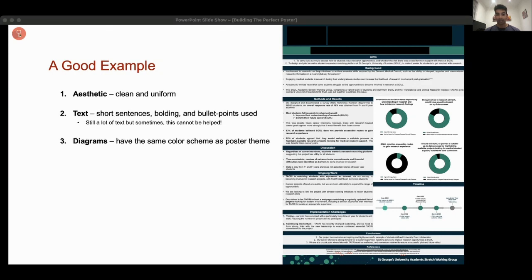I'm looking at the chat right now. So don't be afraid. Just post in what you think is good and what you think is bad about this poster. Would you be happy if this was your poster at a conference?